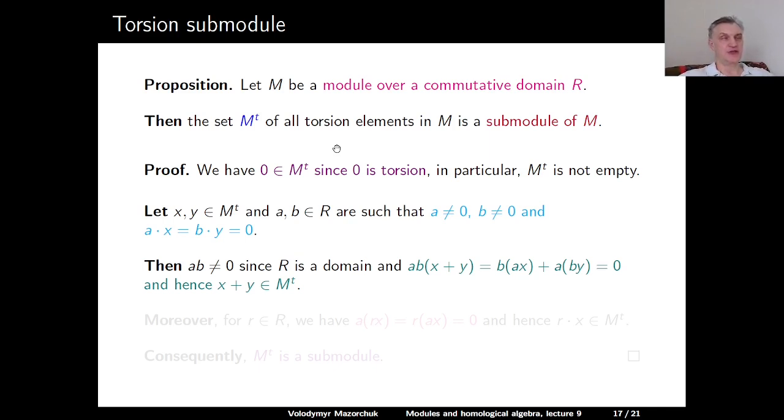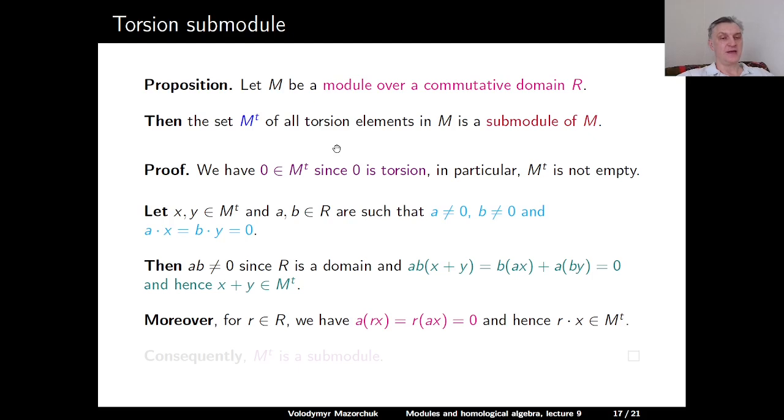AX is 0 because A is in the annihilator of X, and BY is 0 because B is in the annihilator of Y, so we get 0. This implies that the sum of two torsion elements is a torsion element in any module.